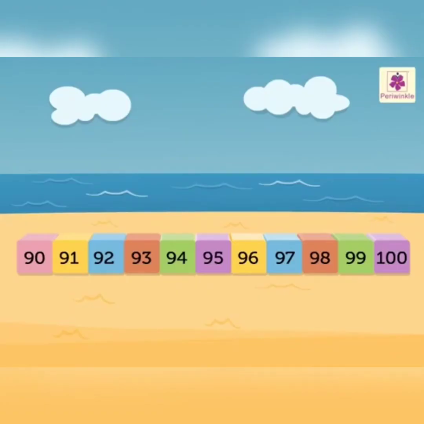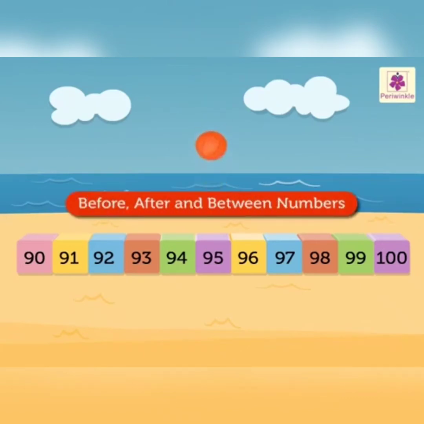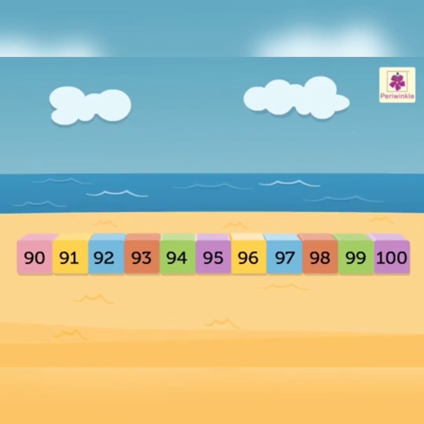Next we are going to discuss before, after and between numbers. Let us play with a ball and revise the before, after and between numbers. What do you mean by before numbers? When we count backward from a given number, we get the numbers before.